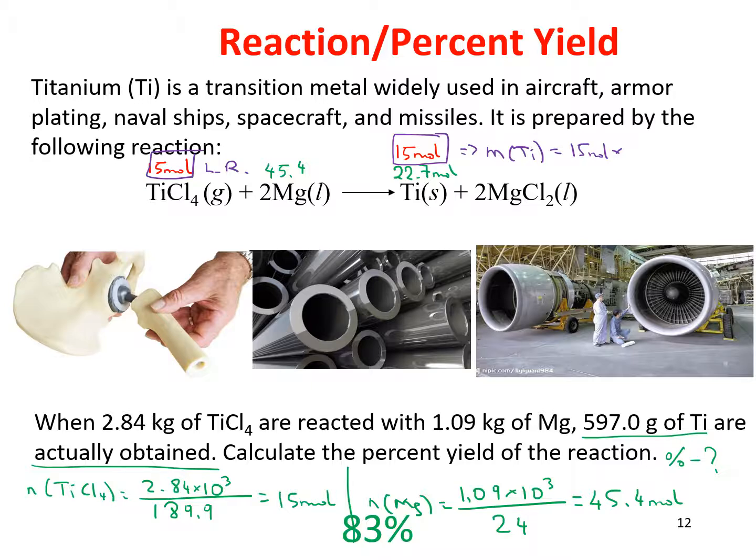So the mass of the titanium, the theoretical yield, is going to be 15 moles times, so again that was 47.9, so 15 times 47.9, so I got 718.5, and that's how much we expected to have.